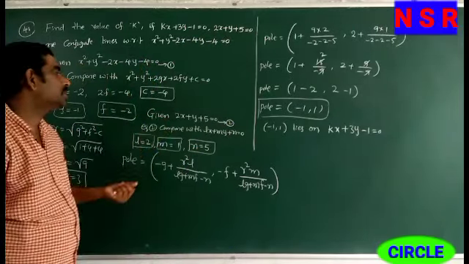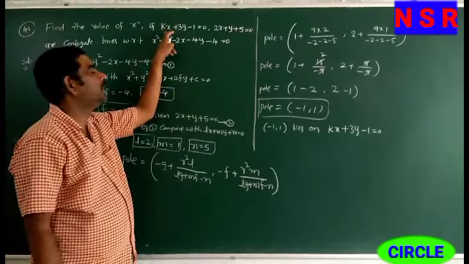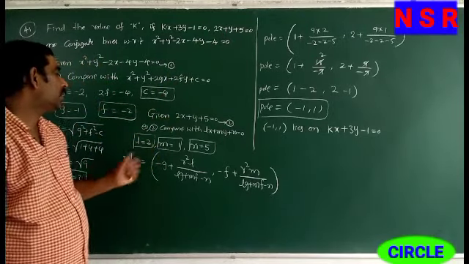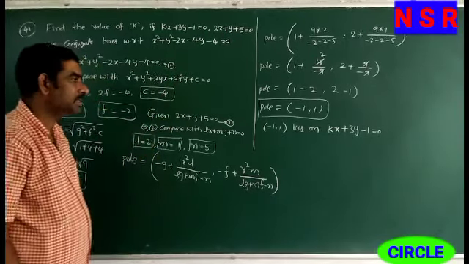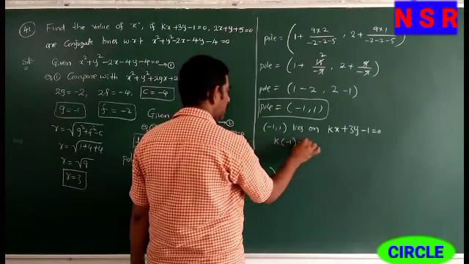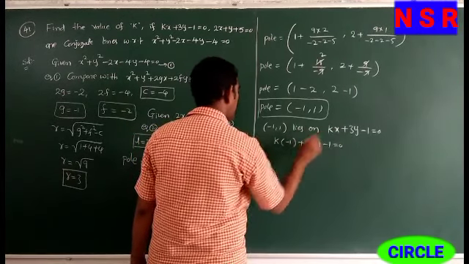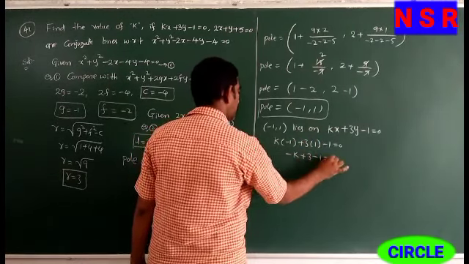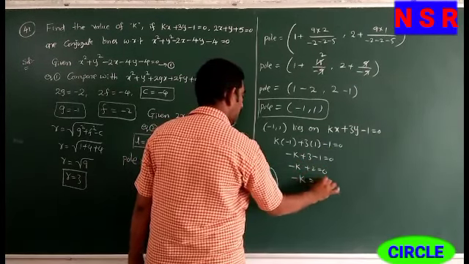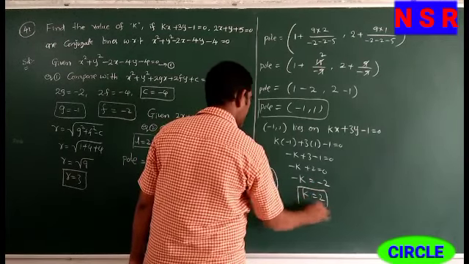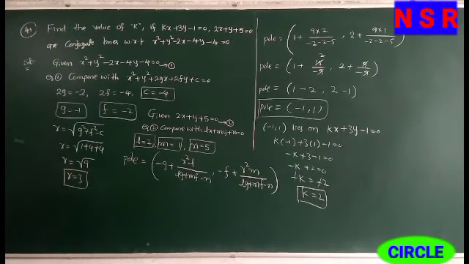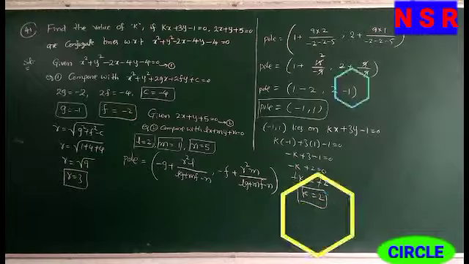Why am I considering 2x plus y plus 5? Because k is the constant and we have to find k. So after getting the pole, substitute here: k into minus 1, 3 into 1, minus 1. So minus k plus 3 minus 1 equal to 0, so minus k plus 2 equal to 0, minus k equal to minus 2. The minus signs cancel, k equal to 2. So if the given lines are conjugate lines, then the value of k is equal to 2.